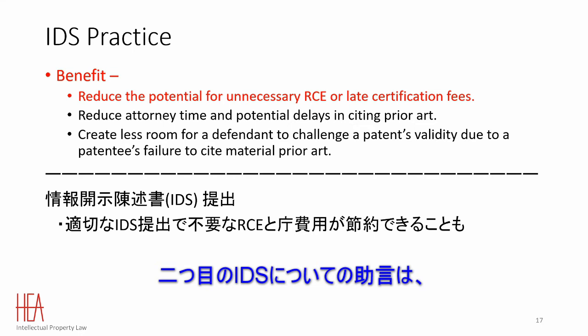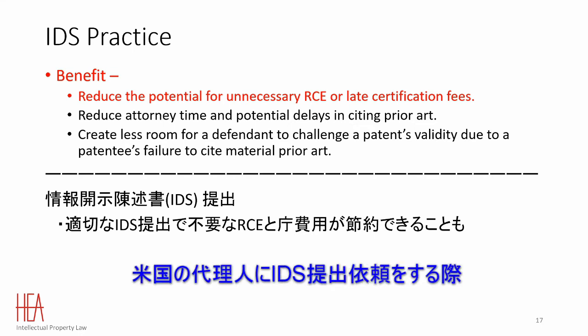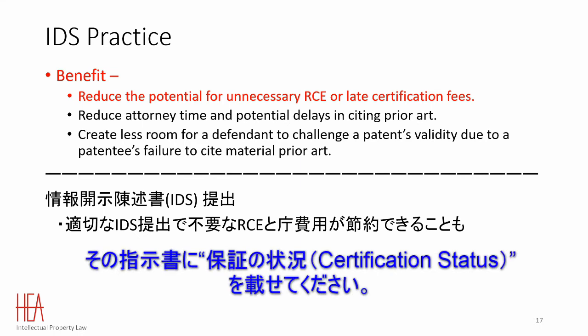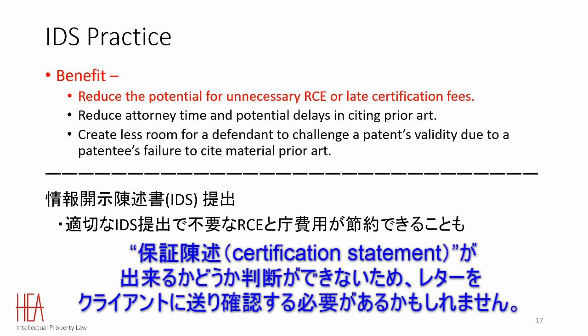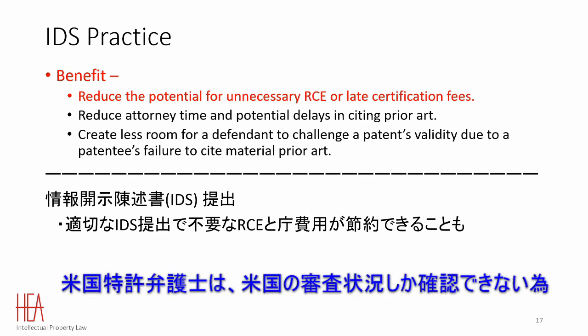Another recommendation I would have for IDSs is that when you instruct the US firm to file an IDS, put the certification status of the references in the instruction letter. So if you're a US attorney and you see from the client, please file these references at the PTO, you say, okay. If it needs a certification statement, you have to go back to the client to see if it's actually been first cited, because the US attorney only sees the US end.